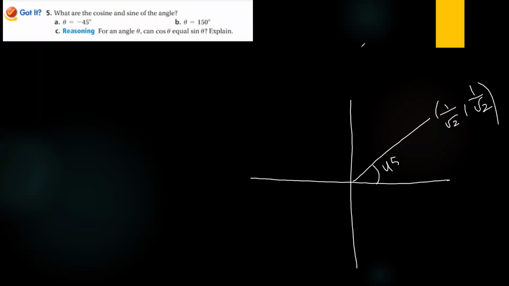So one of the angles is 45. What is the second angle? We can also say 225 and 315. One of them, not both of them. One of them is correct.